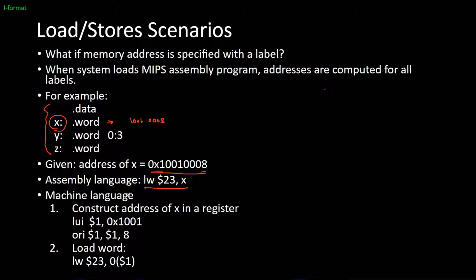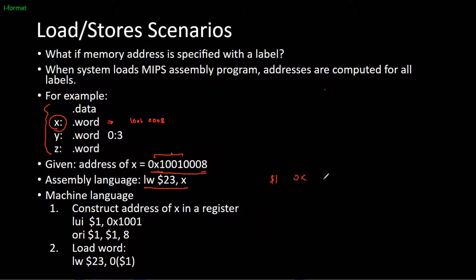When we assemble, this is going to be converted to this. First, we are doing a load upper immediate. Let's say register 1, which is kind of reserved for the assembler. We are doing a load upper immediate to register 1 with the upper part of this address. So we get that 1001.